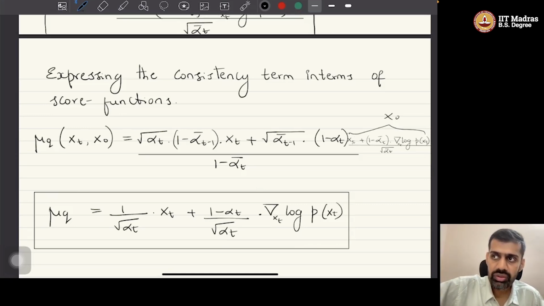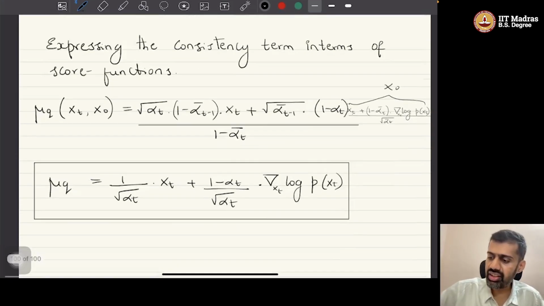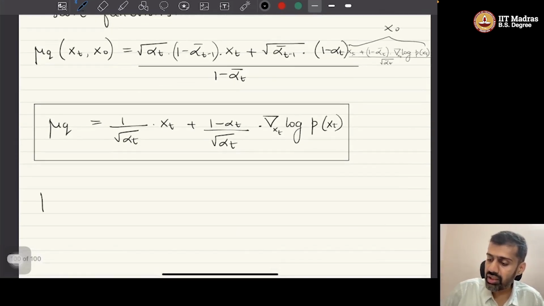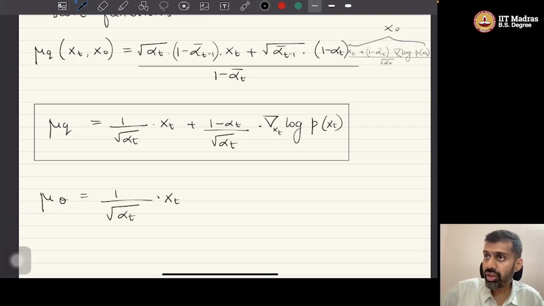Now once we do that, we know what the next trick is. We'll write down the mu theta similarly in terms of mu q. This is 1 by root of alpha t times xt plus, and as I keep saying, the same trick will subsume all the constants and put everything in the neural network. I'll write this as s theta of xt.